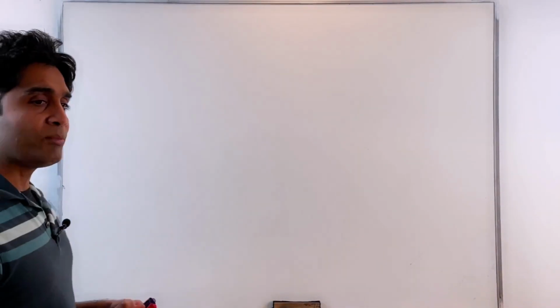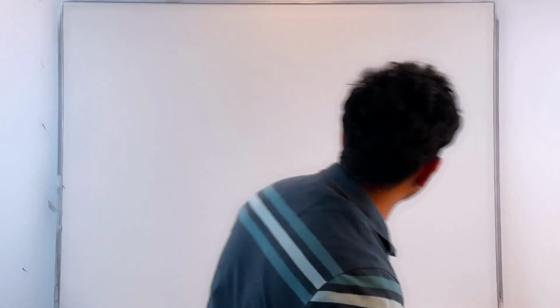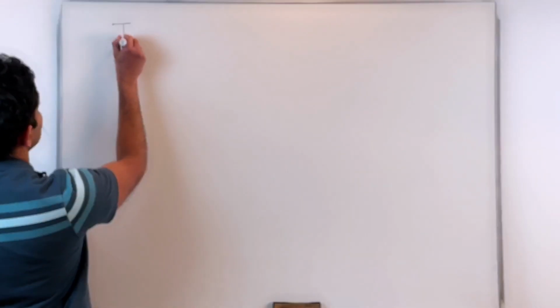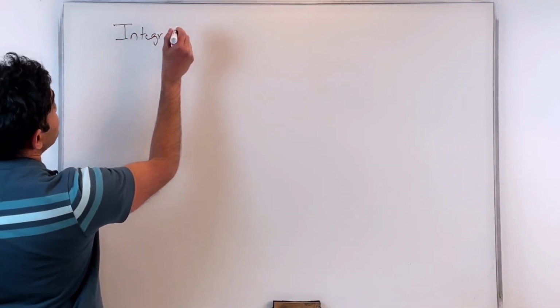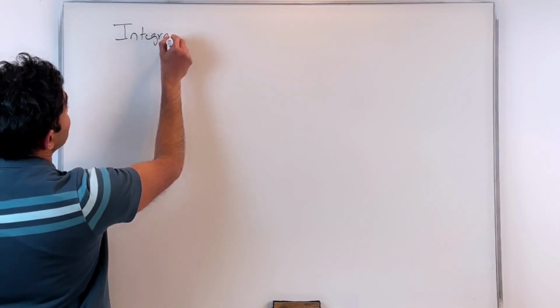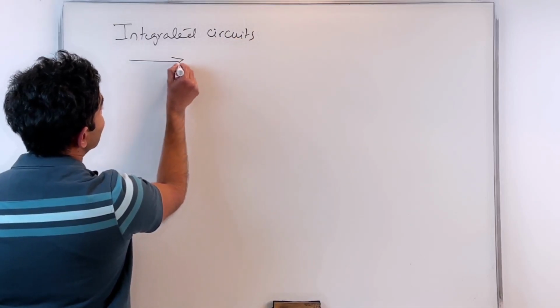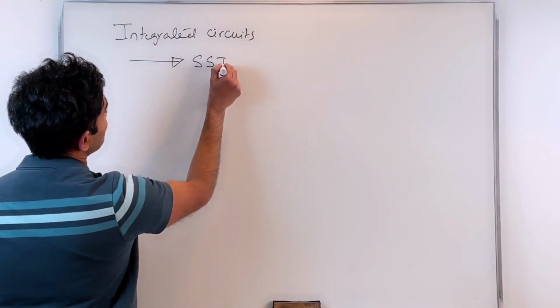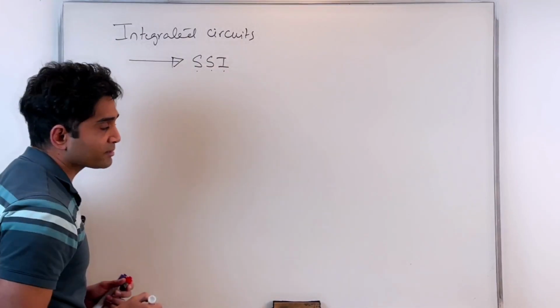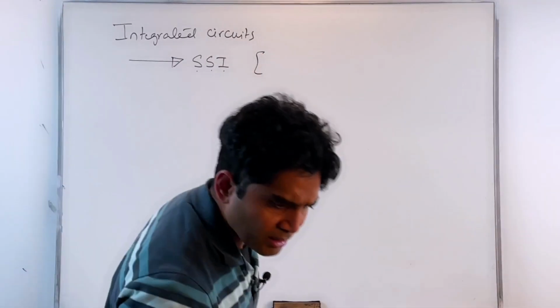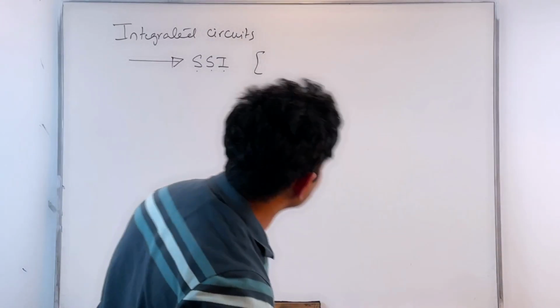Okay, and we can classify the integrated circuit technologies based on the gate level functionality that these integrated circuits can provide. This was how the classification was done. We can classify them into small scale integrated circuits, SSI, containing between, I believe, 10 to 100 gate level functionalities.